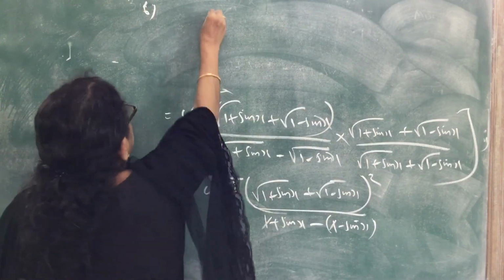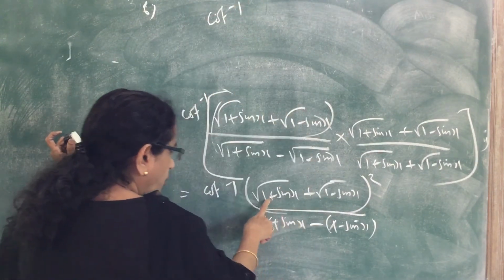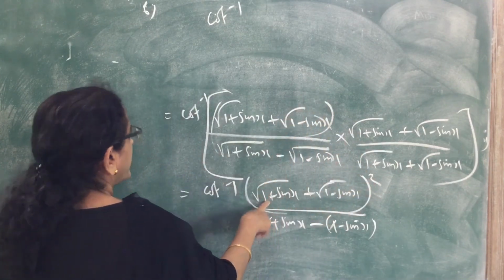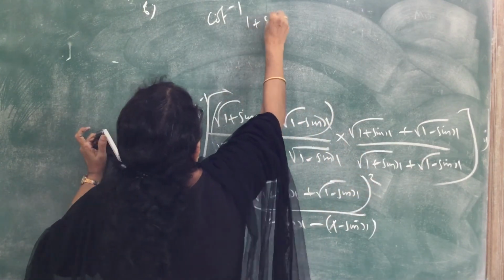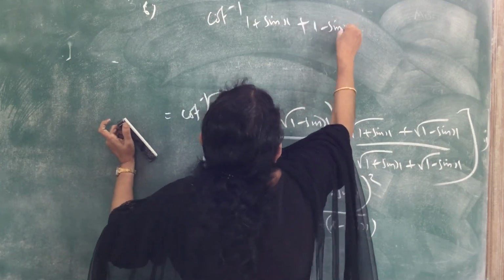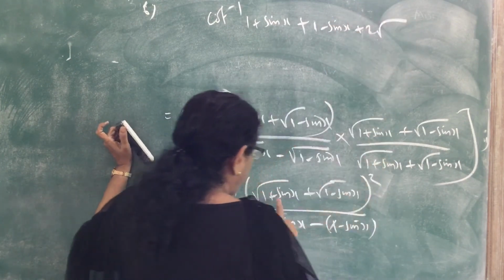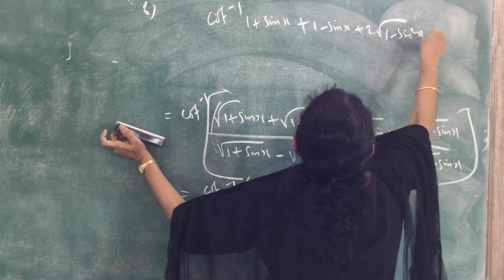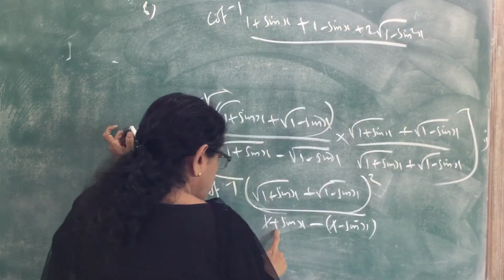So we get cot inverse. Numerator a plus b whole square: a square, that is 1 plus sin x, plus b square, that is 1 minus sin x, plus 2 root of 1 plus sin x into 1 minus sin x, that is 1 minus sin square x, divided by 2 sin x.